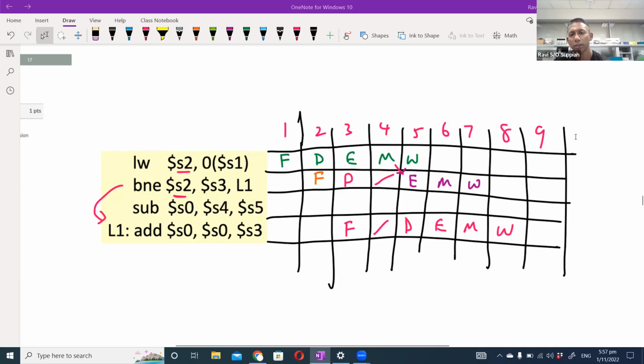I'll show you one slide. In a logical sense, you can say, why don't I just stall it in the beginning, since I know that this is the instruction and so on.